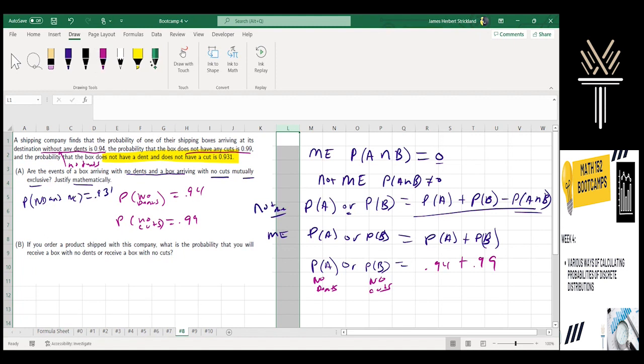Is that possible? Think about it for a second. Think about what we learned so far about probabilities. Can I add 0.94 and 0.99 and get a probability?